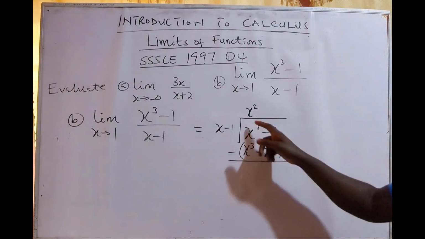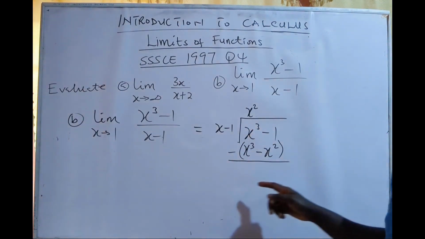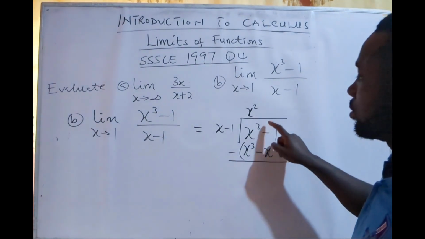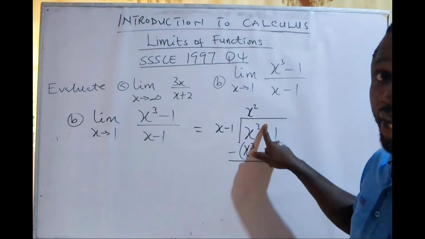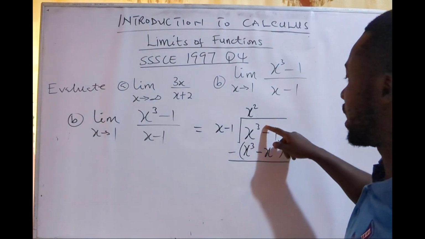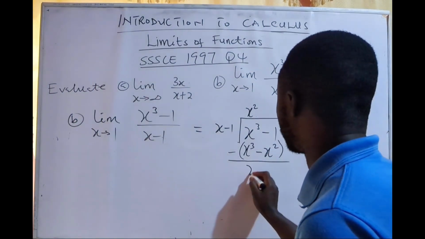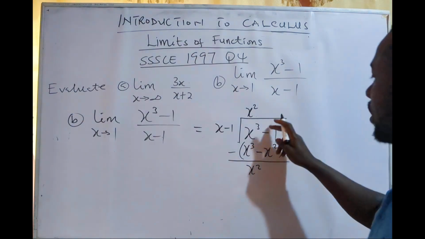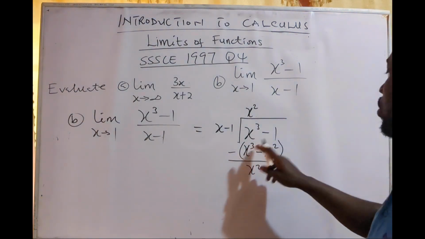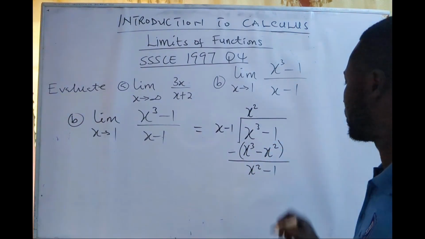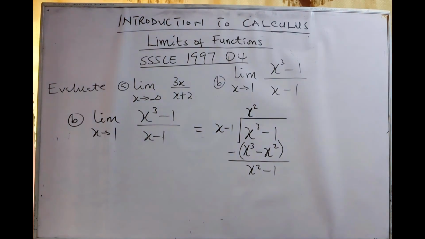So we will have x cubed minus x cubed, which will give us 0. There is no x squared here, so it means that the x squared here is 0. So minus minus x squared will give me x squared. Then there is also no constant term here, so minus 1.